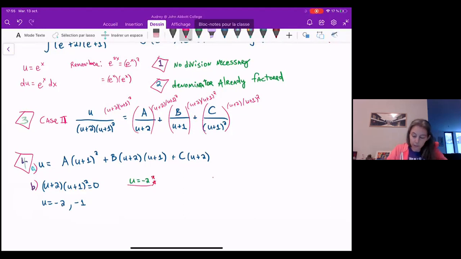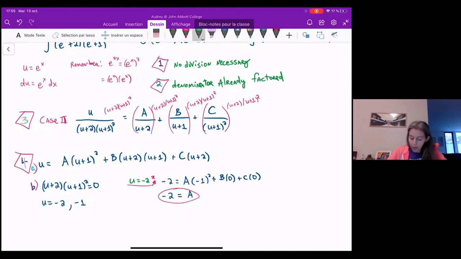And this gives me negative 2 is equal to A times negative 2 plus 1, which is negative 1 squared, plus B times 0 plus C times 0. And so I get negative 2 is equal to A. And that's it. That's my answer.